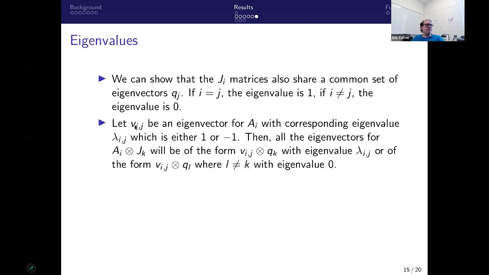If you have some V1 comma J be an eigenvector for A sub I, the corresponding eigenvalue is either 1 or -1.